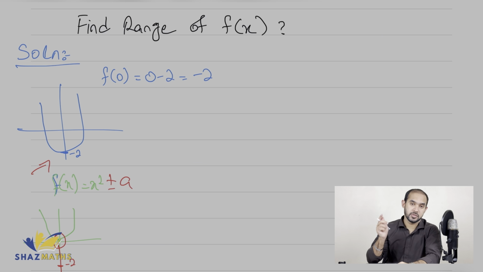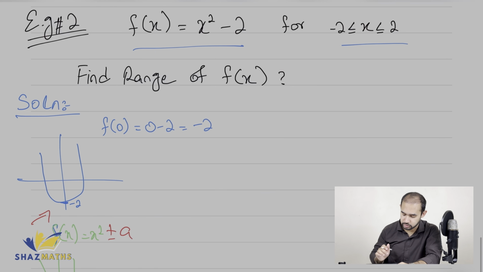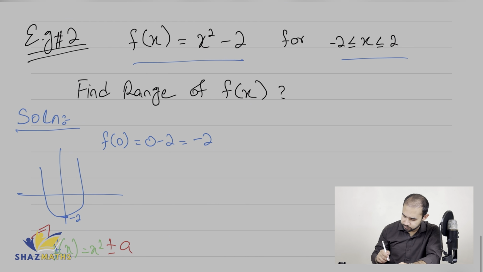Anyways, because we have to find out the range of the function, we will again find the maximum possible value of the function and the minimum possible value of the function. Let's find the maximum possible value first. If a graph is a parabola, one more important concept: it has only one line of symmetry. And what would be that line of symmetry?